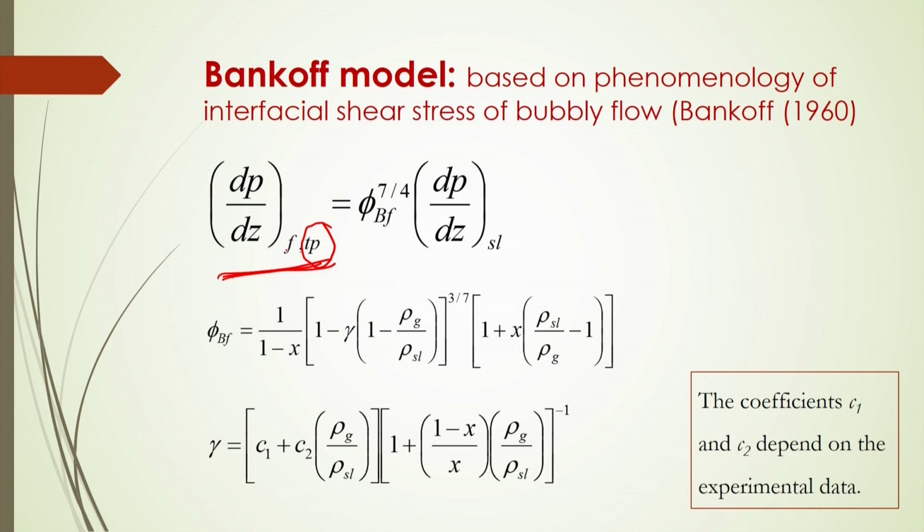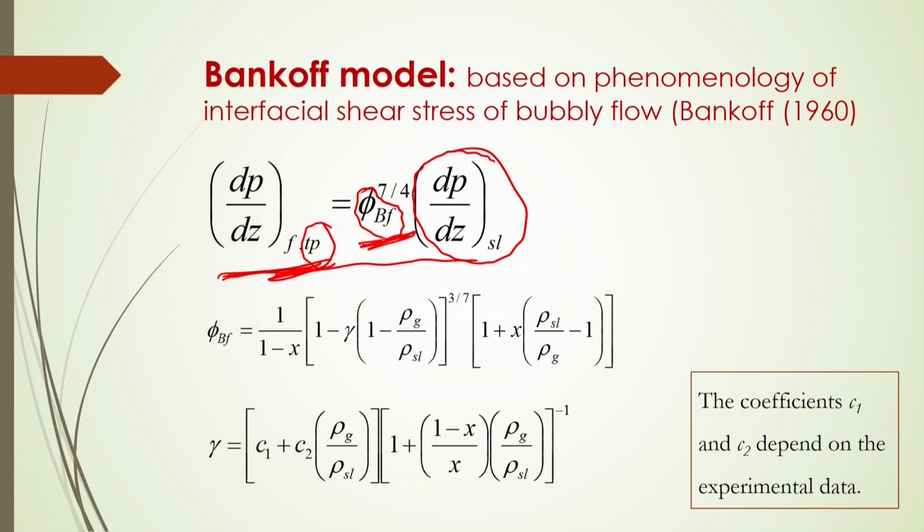In that case he proposed one correlation that if you multiply the single phase pressure drop by this factor phi Bf to the power 7 by 4, then you get the total frictional pressure drop inside the bed. So, this phi Bf is nothing but the multiplier of Bankoff.